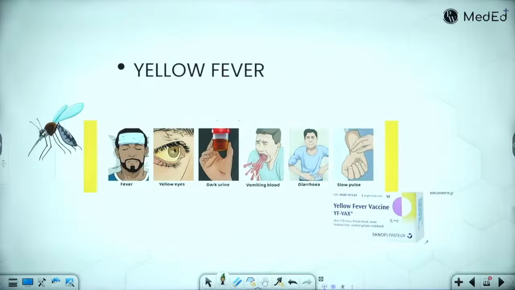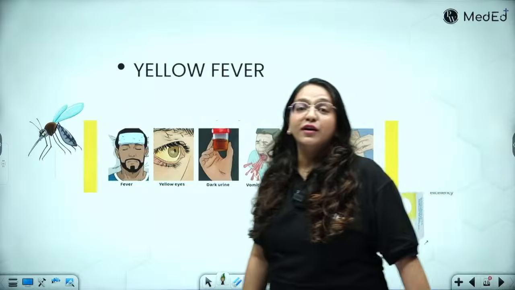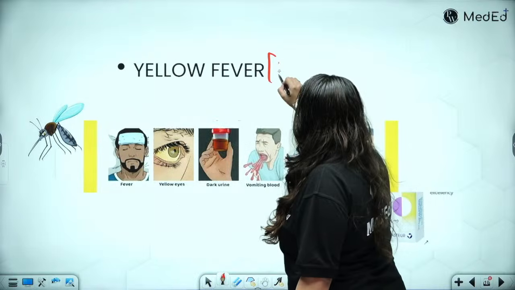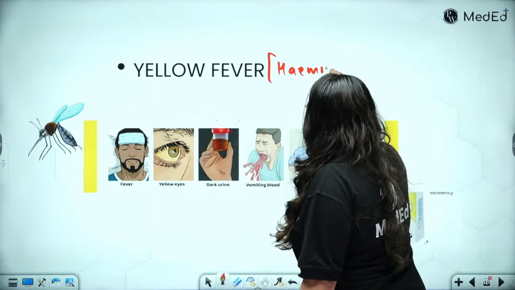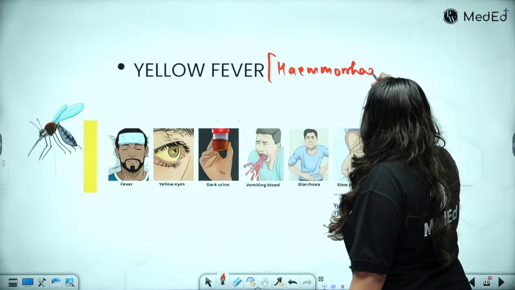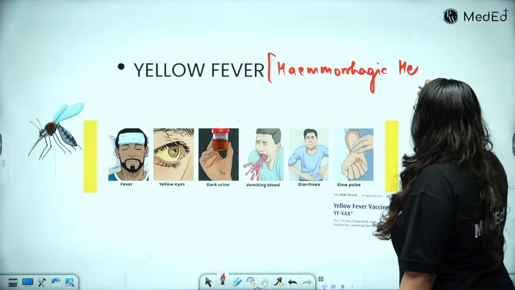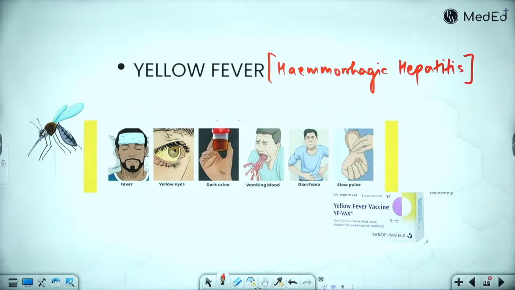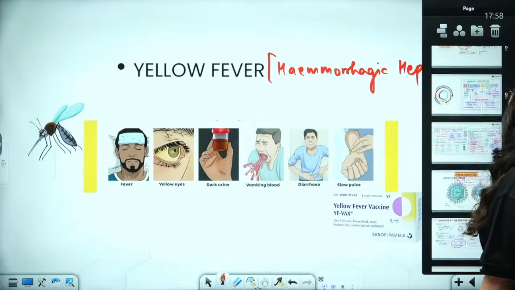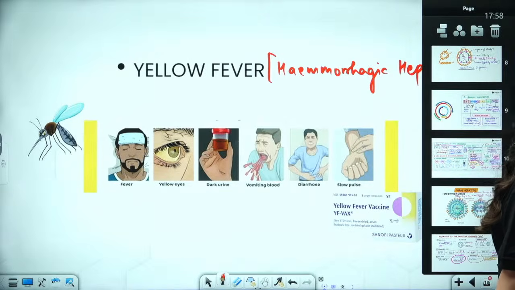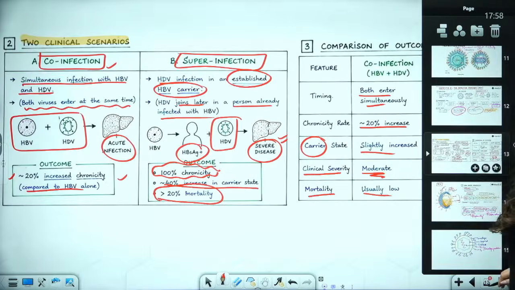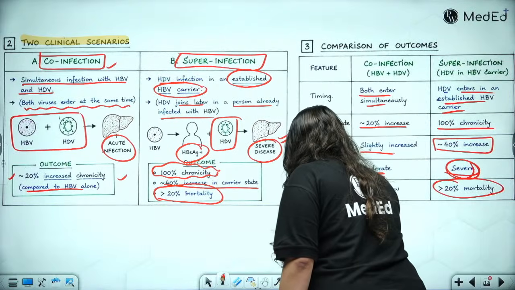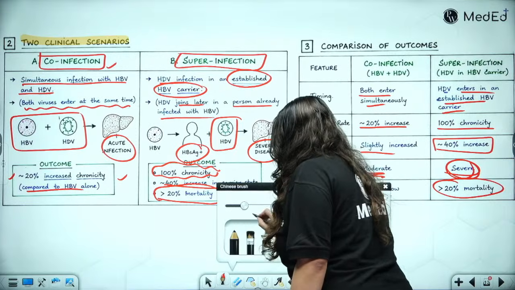Next is now yellow fever. What is yellow fever? Yellow fever is also called hemorrhagic hepatitis. Oh, another thing, guys. When you make the differences table between co-infection and super-infection, you can also write the differentiating lab diagnosis.